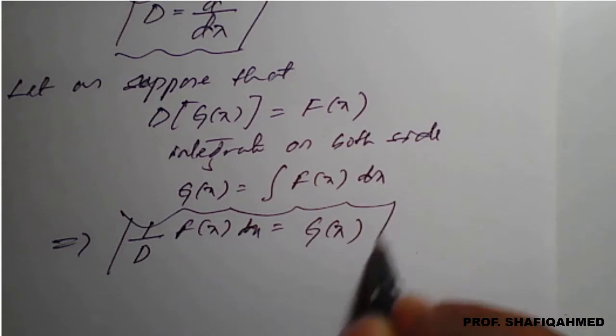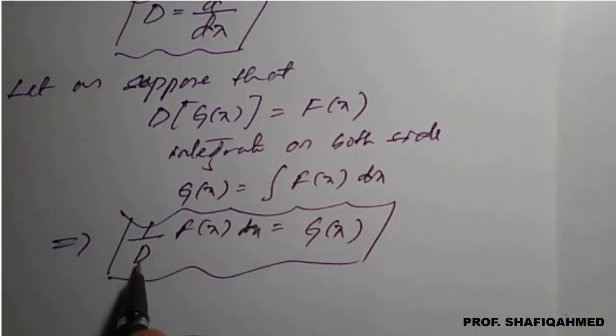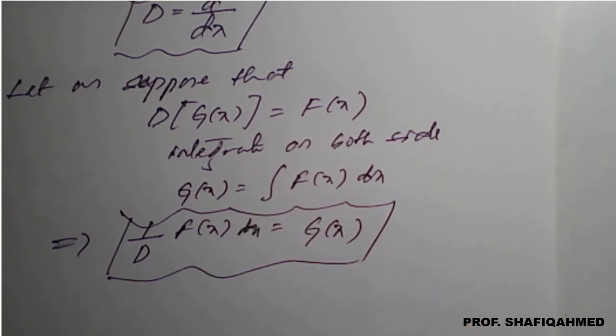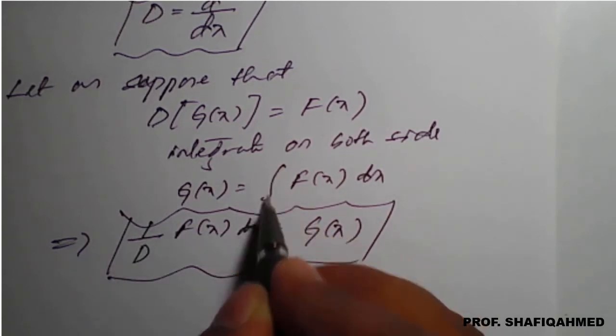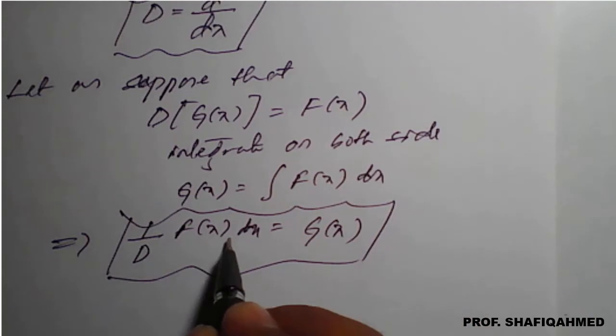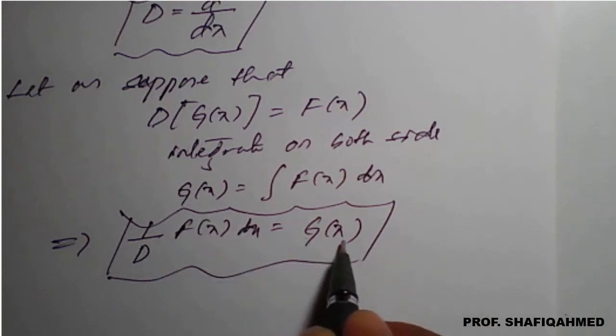In the above same expression, notationally 1 by D is nothing but the integration symbol. So instead of writing the integration symbol, I am writing 1 by D of f of x dx is equal to this g of x.